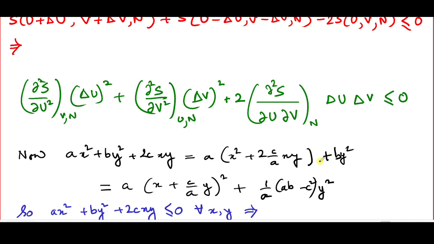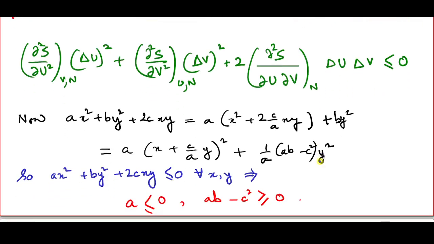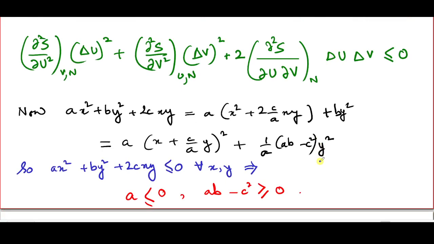So a must be negative, and since a is negative or 0, ab minus c square must be greater than or equal to 0. Remember, this thing times 1 by a, which is already known to be less than or equal to 0, must be negative.